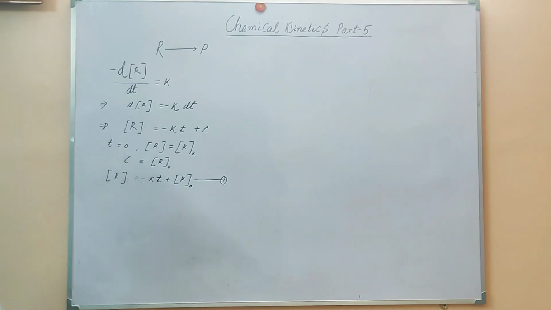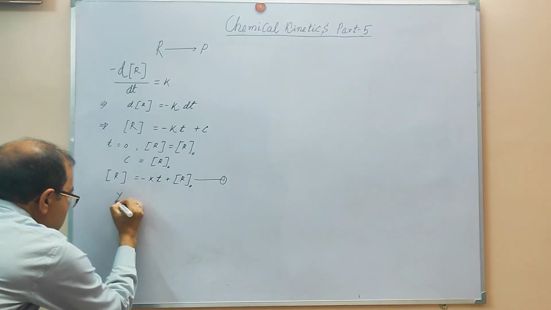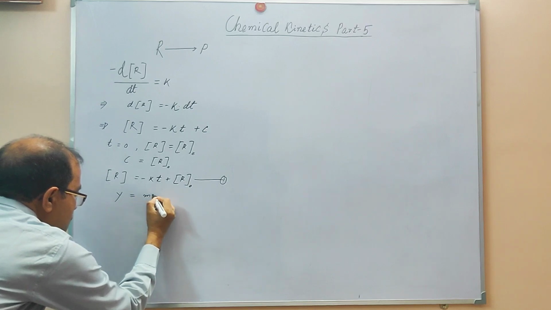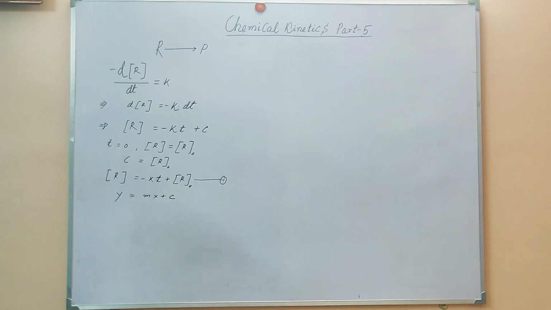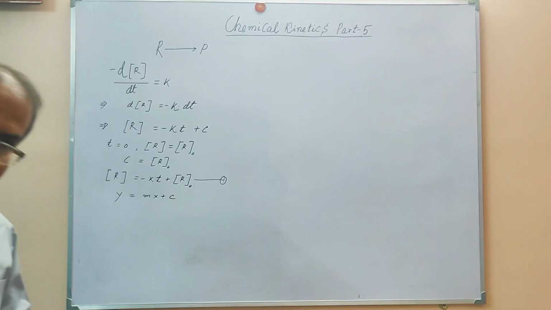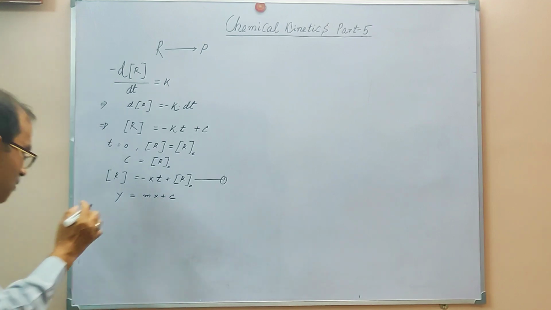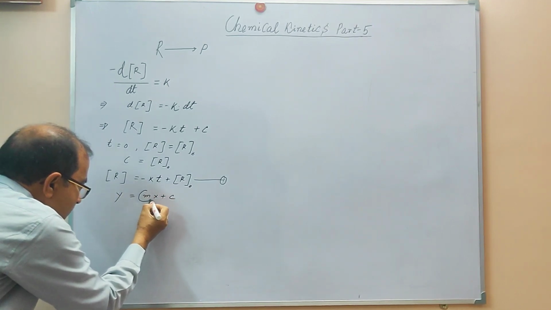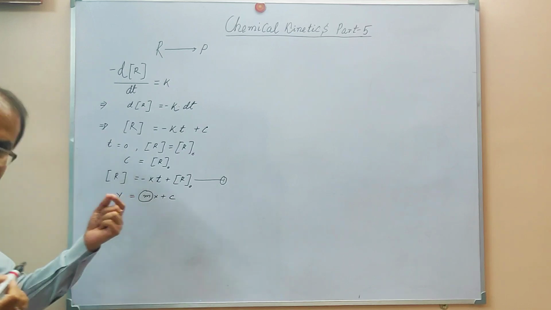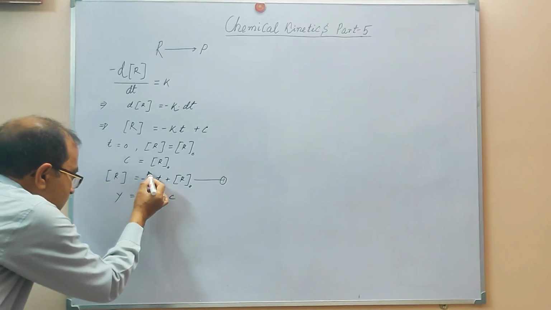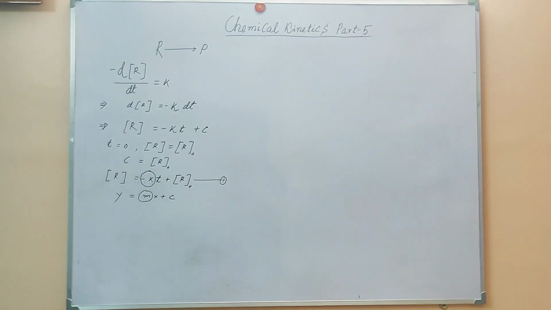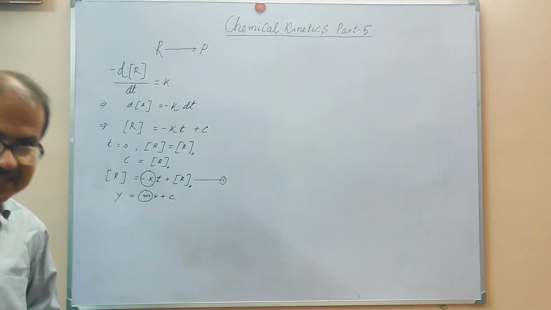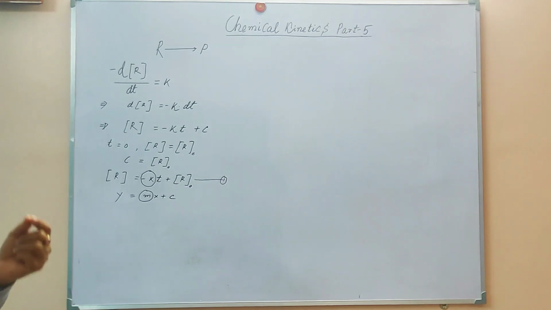You can compare it with y equal to mx plus c. From geometry, we know that y equal to mx plus c is the equation of a straight line. If we compare, minus k is the slope of this integrated rate equation.